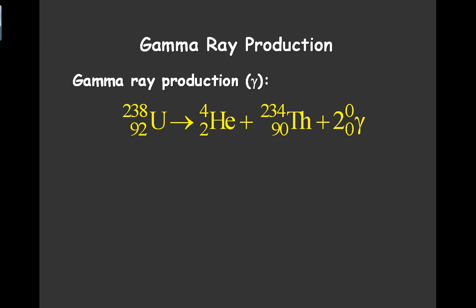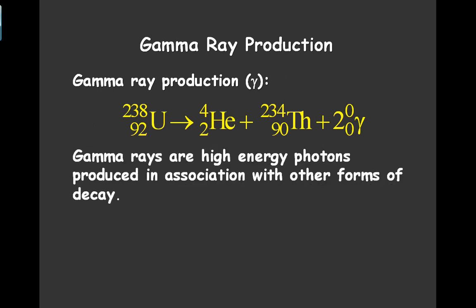The last type of radiation is gamma ray radiation, and this is just basically energy. So that last term in the equation shows you gamma radiation being given off. Notice there's no mass to it, and there's also no charge. Essentially, gamma radiation is high energy photons, and they usually accompany other forms of radiation.